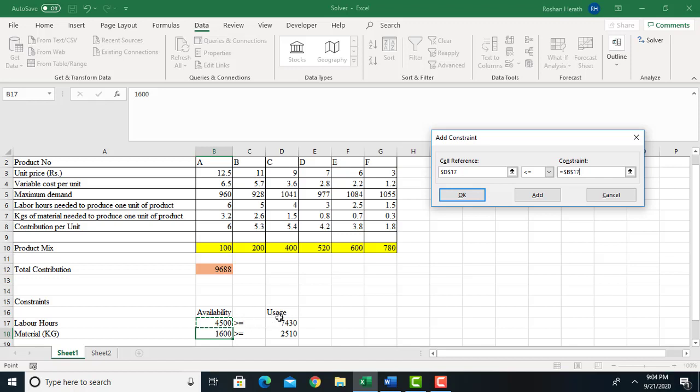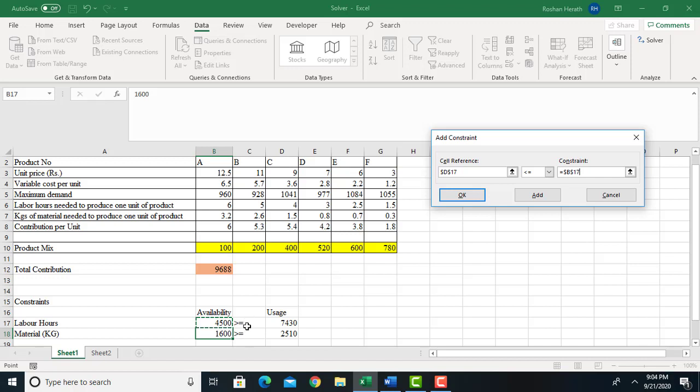If you put the usage on this side and availability on the other side, it's not going to make any difference. This is just to convince myself. So how to enter this constraint perfectly? I have done this particular activity, right? Otherwise you would try to memorize that. In a situation like this, you always need to put the availability somewhere over here, then the usage over here, and put this greater than or less than sign.